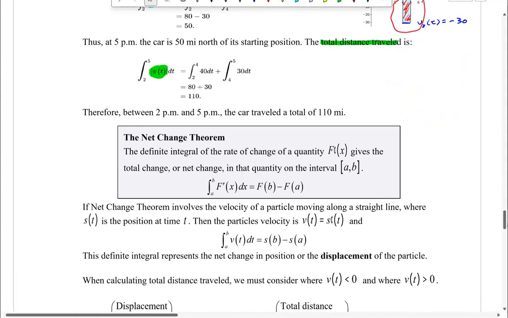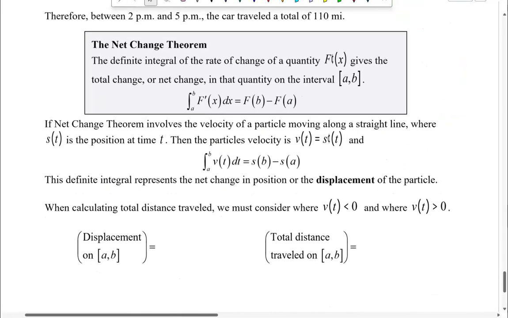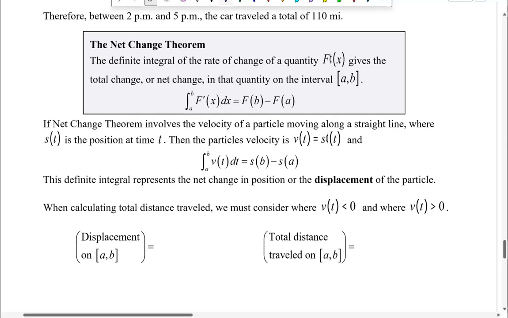Now, with that in mind, we have the net change theorem. And what you'll notice, if we just focus on this right here, is it looks just like the fundamental theorem of calculus part 2, where capital F is an antiderivative of f prime. Okay, now I do have a little issue here with the notation. That symbol should not be there, so let's go ahead and get rid of it. One moment. It should just be f prime.